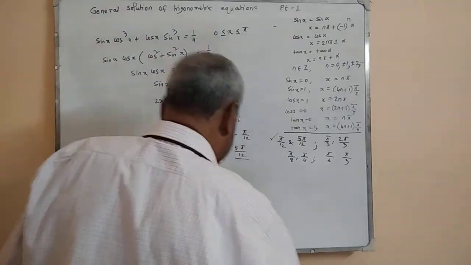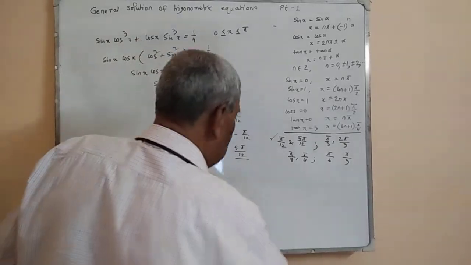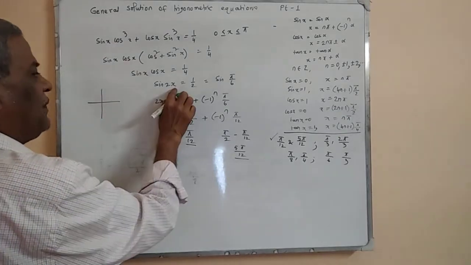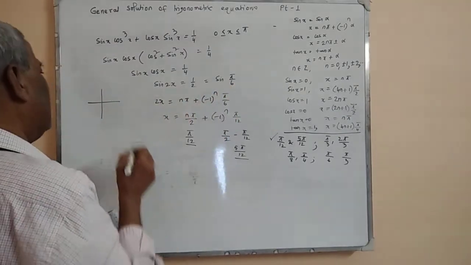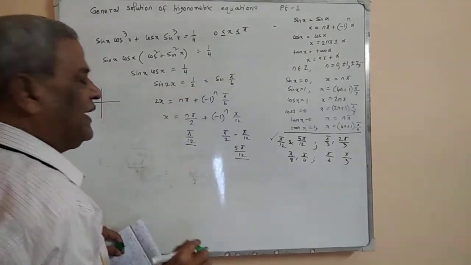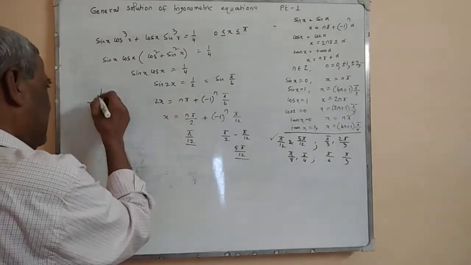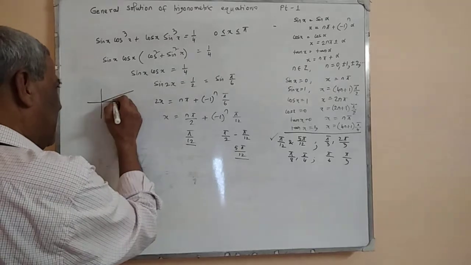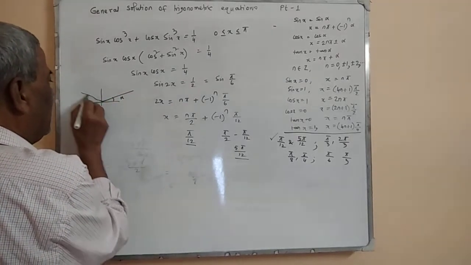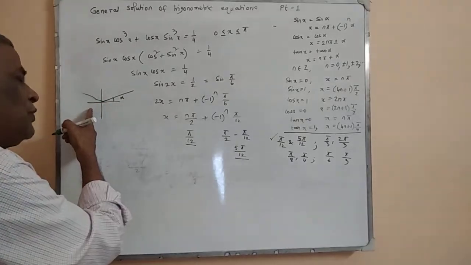There is another technique, which I am telling you now. You see, 2x is equal to pi by 6. The equation is of sine. Sine is positive in the first quadrant and the second quadrant. If one answer is this, say alpha, the other answer will be pi minus alpha, because it is positive. The third quadrant is not possible, it is negative.